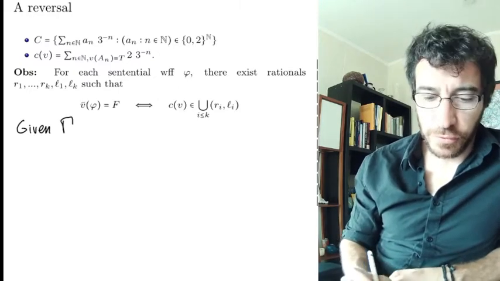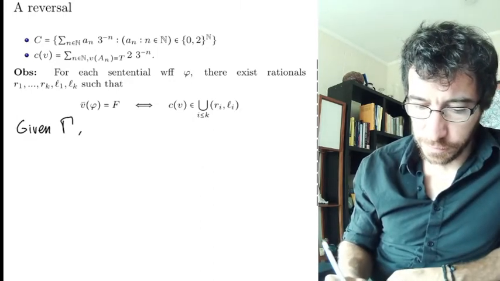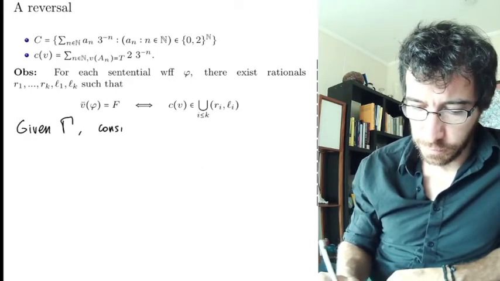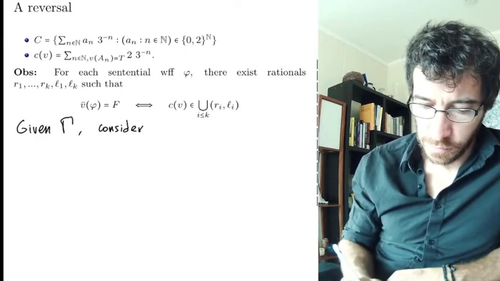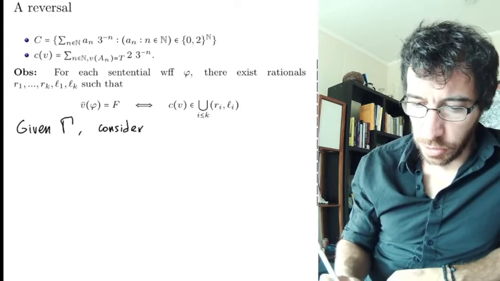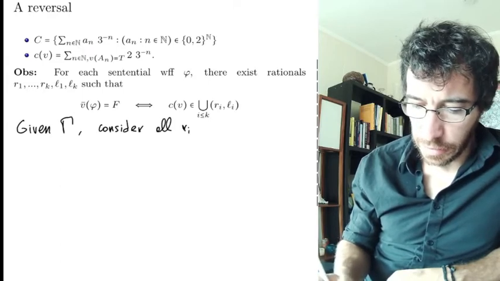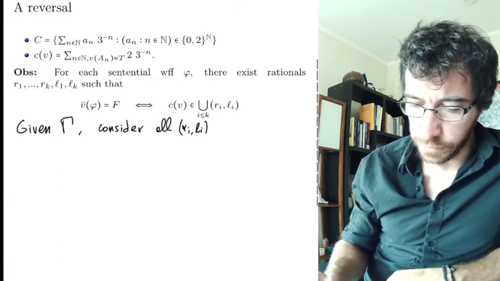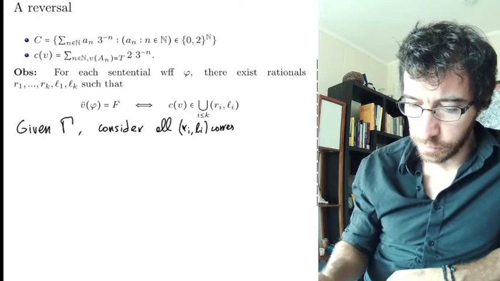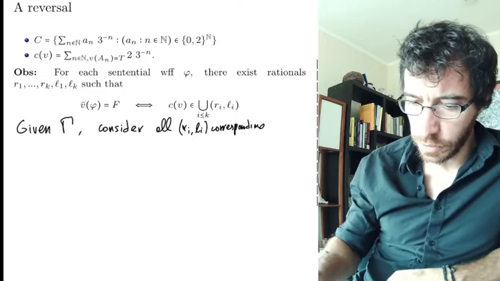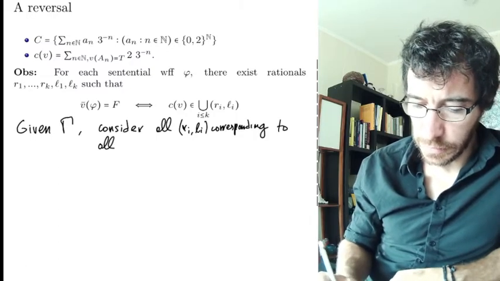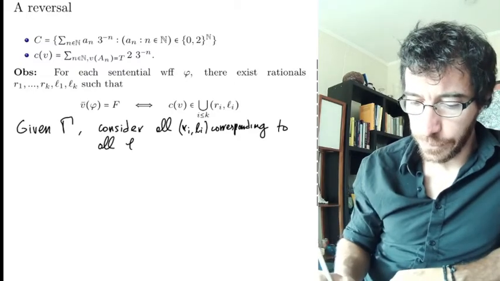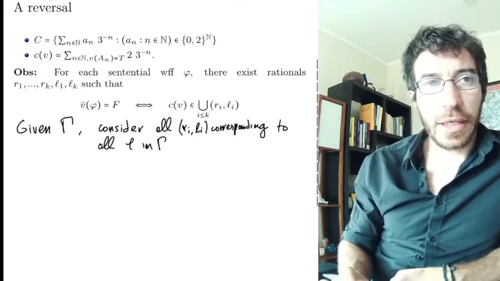Given a set of well-formed formulas, gamma, consider all Ri's and Li's corresponding to all formulas in gamma, right?